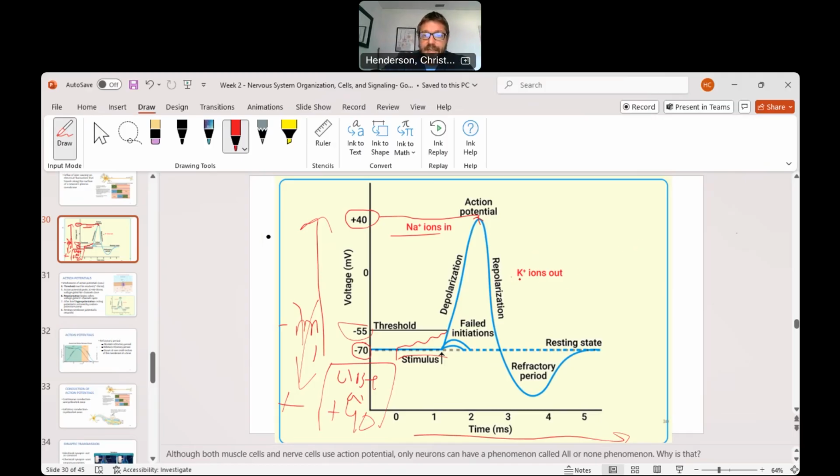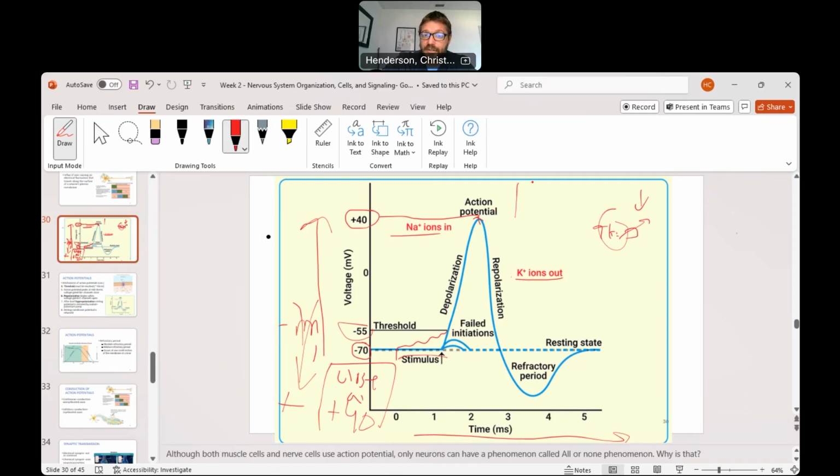Well, remember the inside of our cells have a ton of potassium in them. We're going to talk about that in a second. So there's a ton of potassium on the inside of our neurons. There isn't so much on the outside. So where does it want to go? It wants to leave the cell. But same thing, it's positive, it's charged, it can't pass through the membrane. So we've got another voltage gated channel right here.